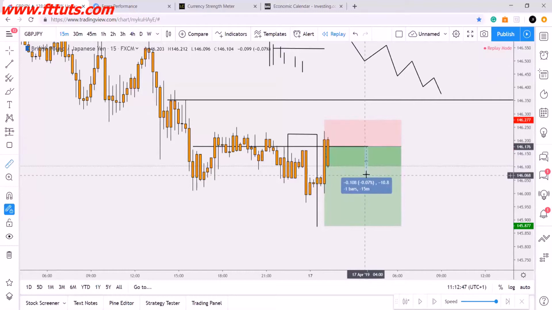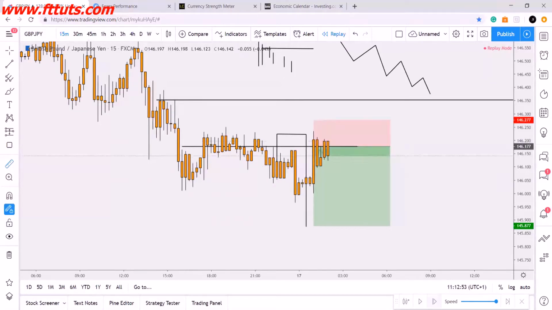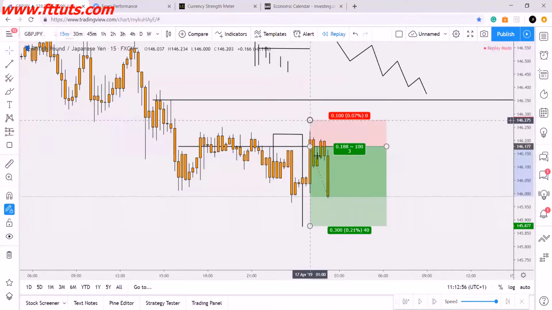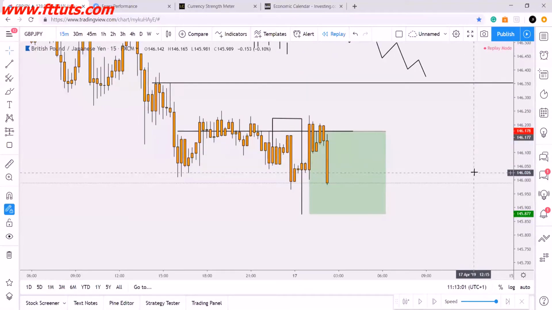So we're looking for a 10 pip movement in this market to go break even. Okay, break even trade, job done. Now, once this trade's at break even, no emotions attached, we just let the trade play out.